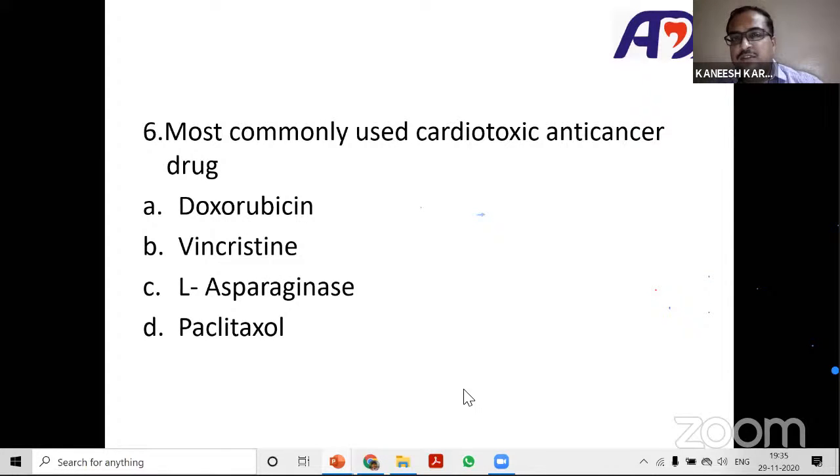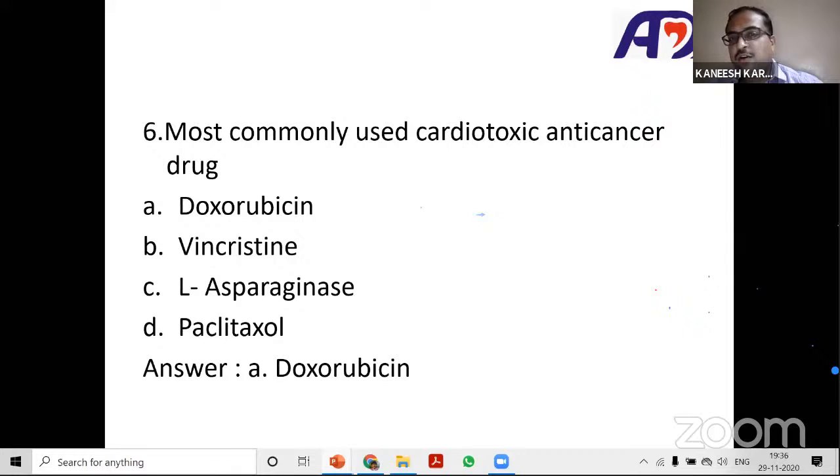Most commonly used cardiotoxic anti-cancer drug. I can see multiple responses. The answer is doxorubicin.